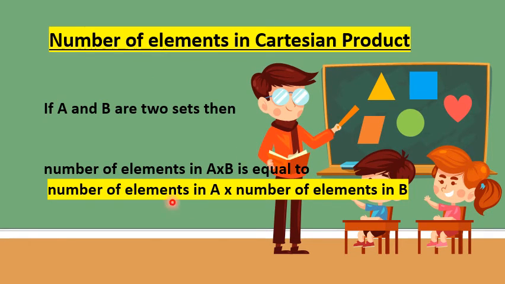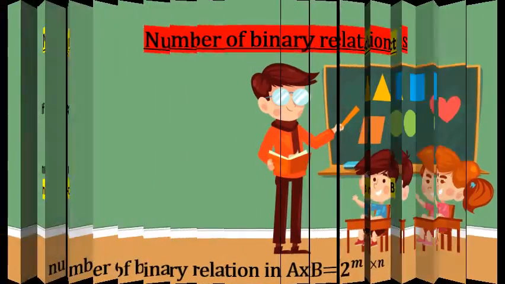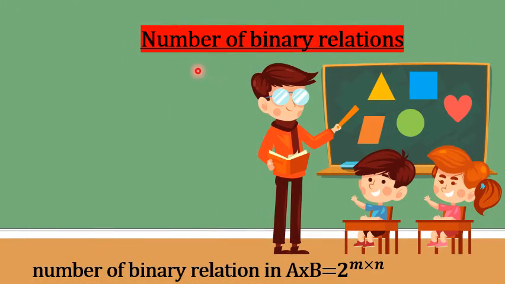You will simply multiply the number of elements in A and the number of elements in B. You will get the number of elements in A cross B. And the formula for finding the number of binary relations, that is, the number of subsets in A cross B, is 2 power m into n, where m is the number of elements in A, and n is the number of elements in set B.